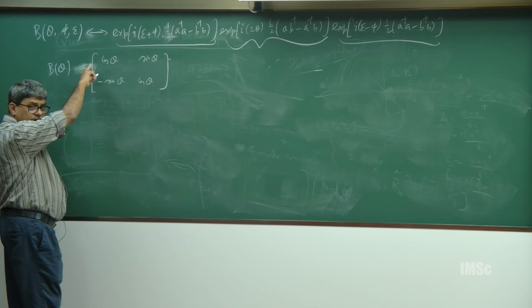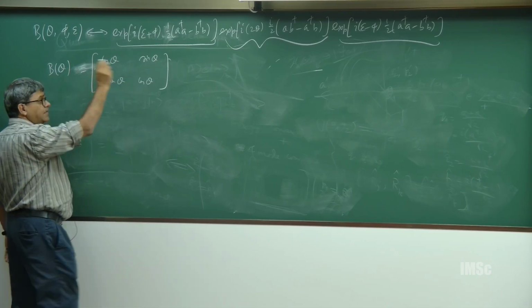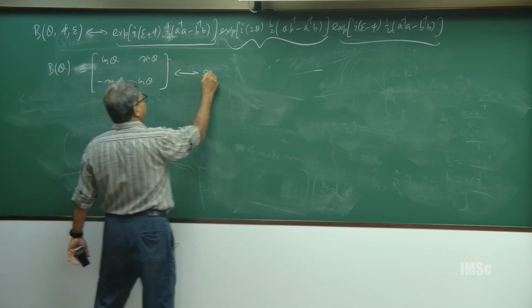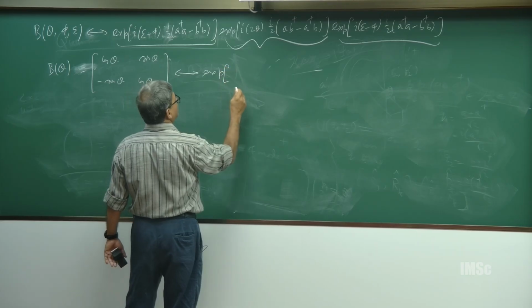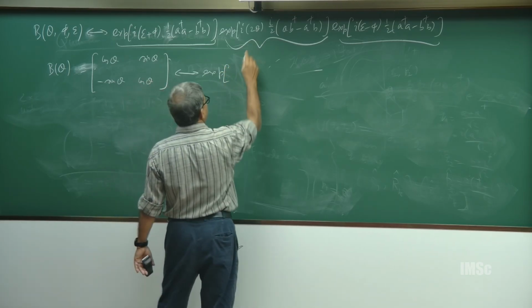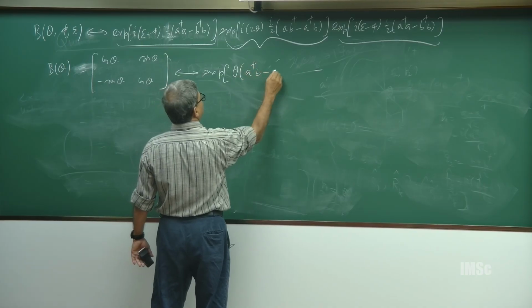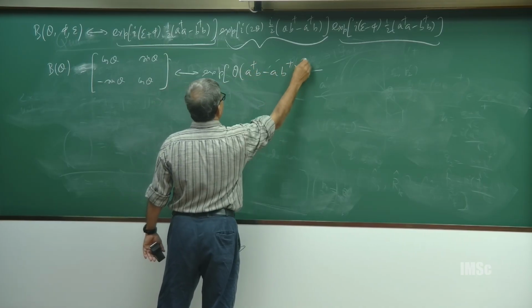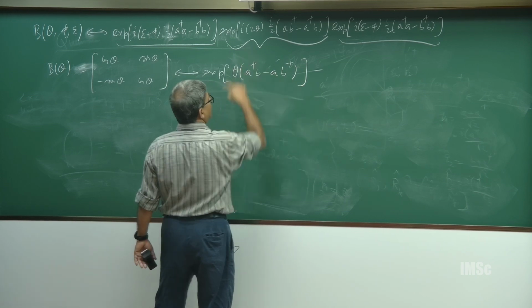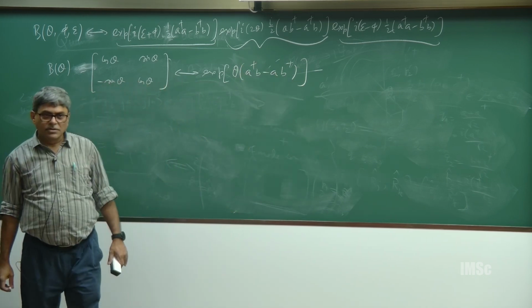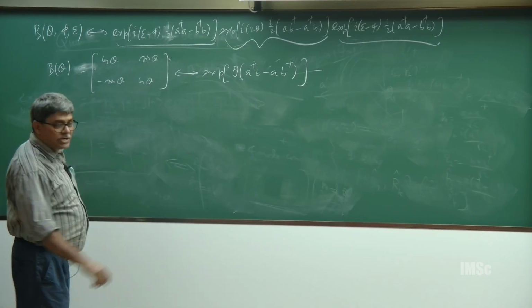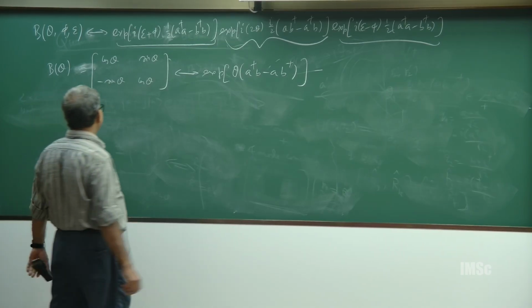Because I theta and I epsilon and I phi, they are 0. So this corresponds to exponential of, now it is minus, theta (A dagger B minus A B dagger). Is that a correct statement? Yes. Okay. This is of course unitary, right?